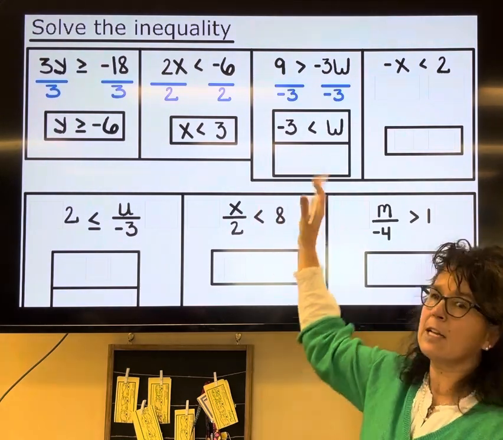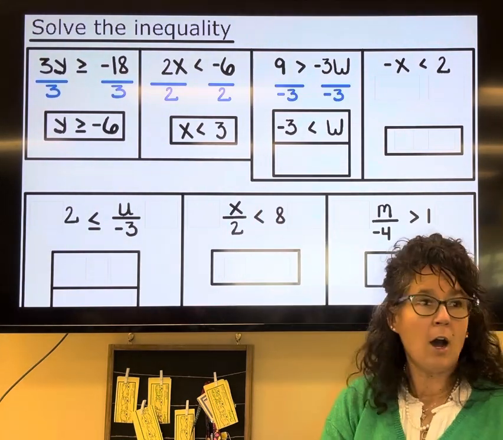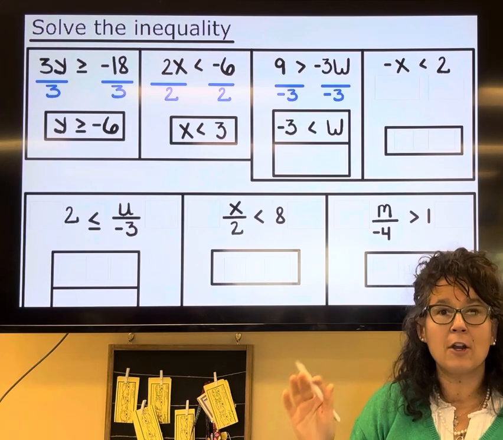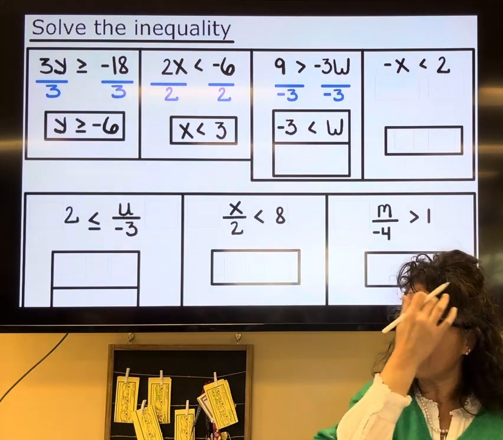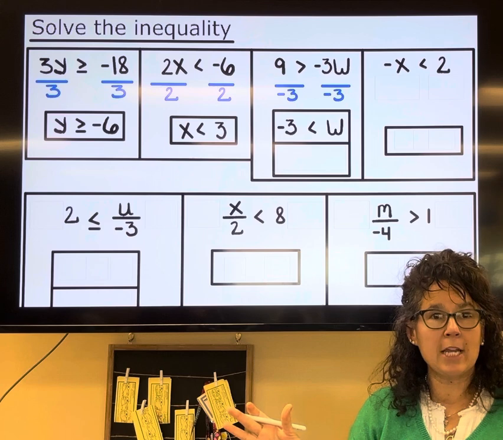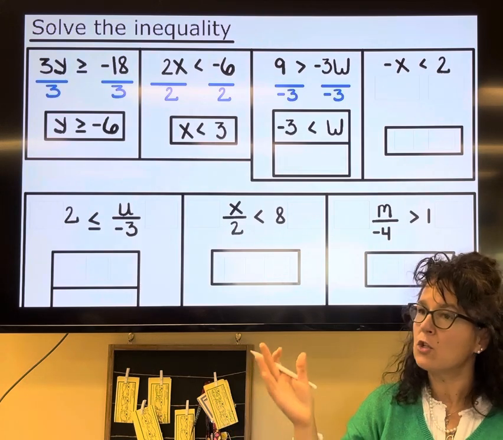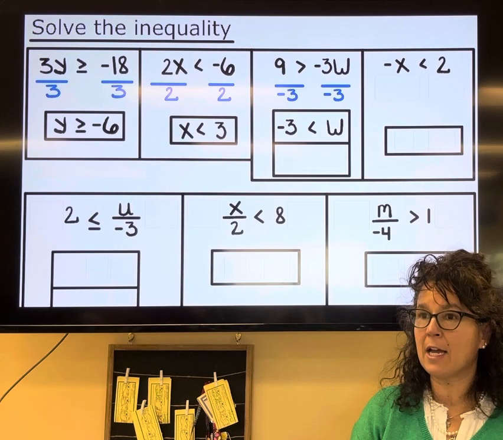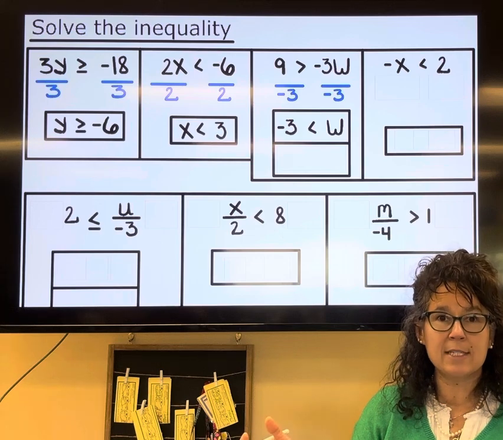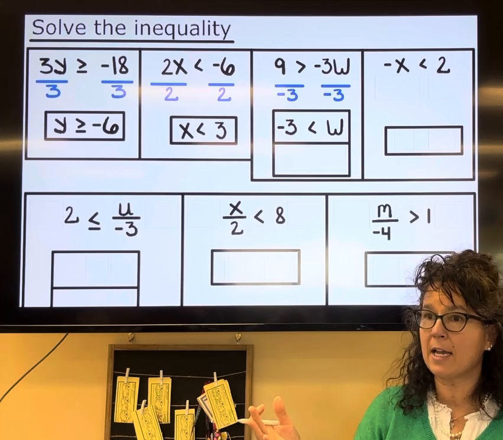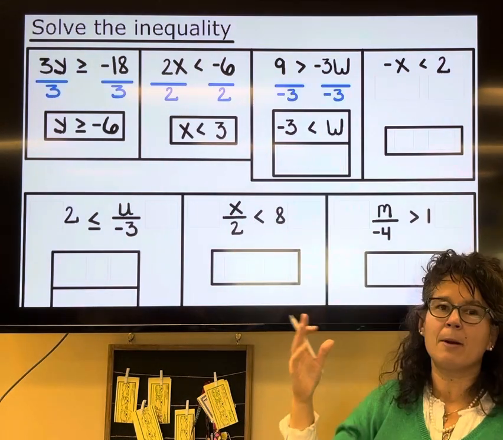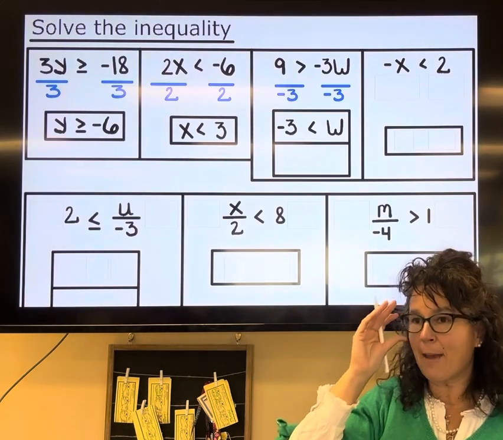This answer is just fine. If you type in this answer, you're good. But often it's nice to have the variable on the left-hand side. If you were checking in the back of the book, usually they put the letter on the left side, or if it was a multiple choice test, they'll have the letter on the left side. So we've done it correctly, but we may not realize that it's a match.